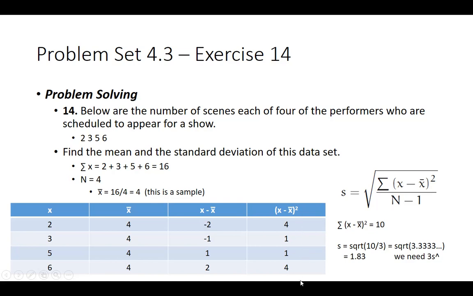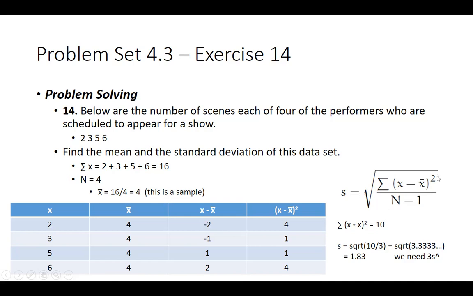We need to take the sum of the squares. 4 plus 1 plus 1 plus 4 is 10. So the sum of the squares is 10. N minus 1 would be 3. 4 minus 1 is 3.